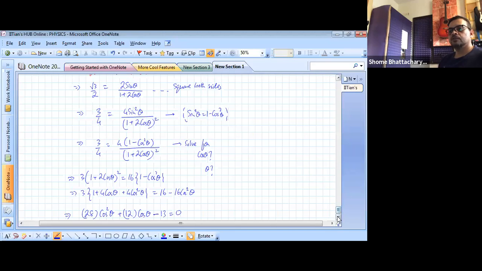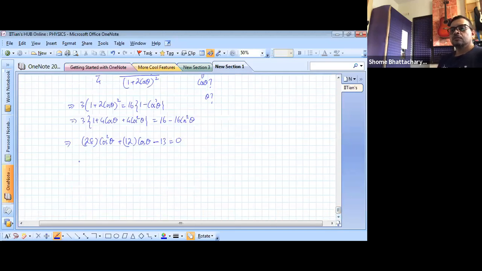So now you can see that cos theta is equal to minus b plus minus root of b square minus 4ac.